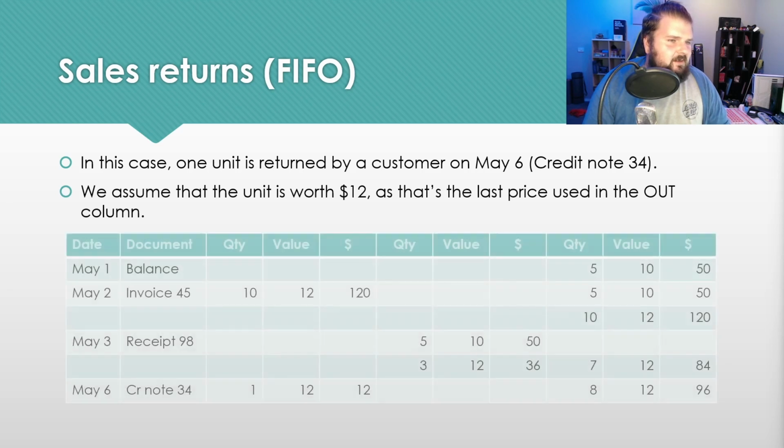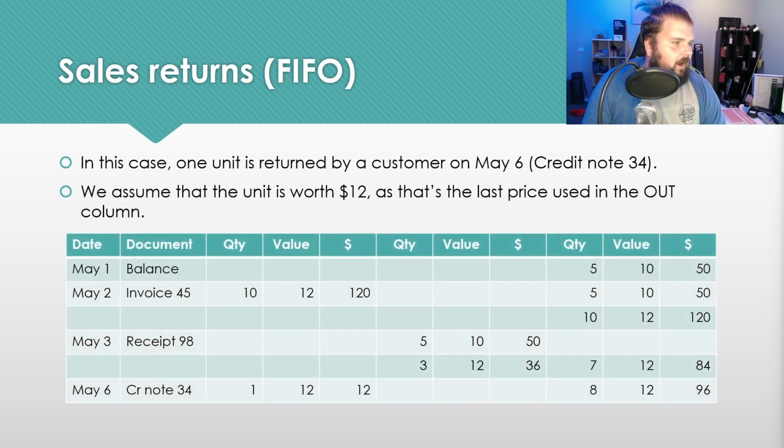So in this case, we've got the same data as before, but now instead, someone has returned some inventory to us. Because this is the last value in the out column, it's the value that we use for our return.